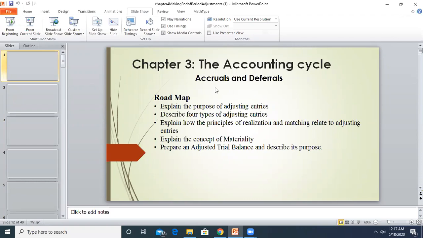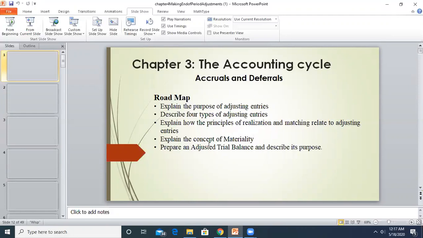Chapter 1 and Chapter 2 you have completed already, and there are many topics that you have already covered in Chapter 3. So, we will resume from where we left. We have discussed the purpose of journal and adjusting entries, and we have described the four types of adjusting entries.